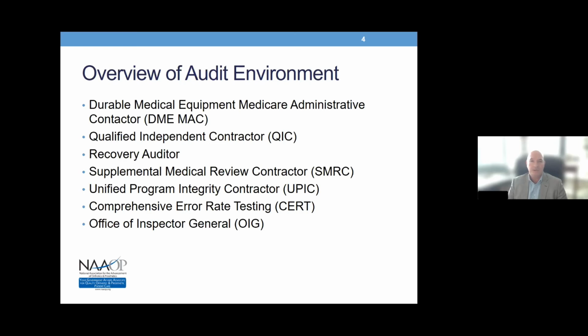Once a denial is issued by a Medicare administrative contractor or a DME MAC, a redetermination will be filed. That's the first level of administrative review. The second level is the reconsideration stage. The third level is the administrative law judge stage. But the qualified independent contractor ultimately is the second stage of review, and they review reconsideration requests.